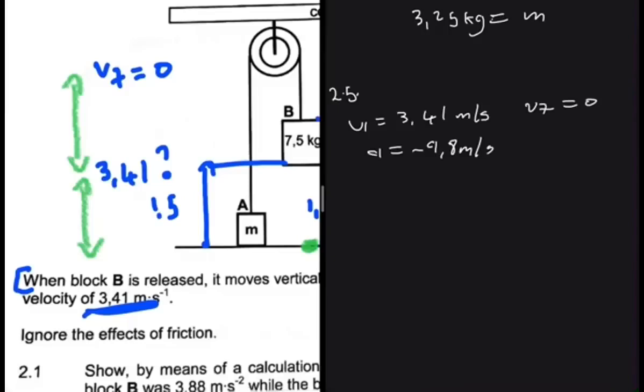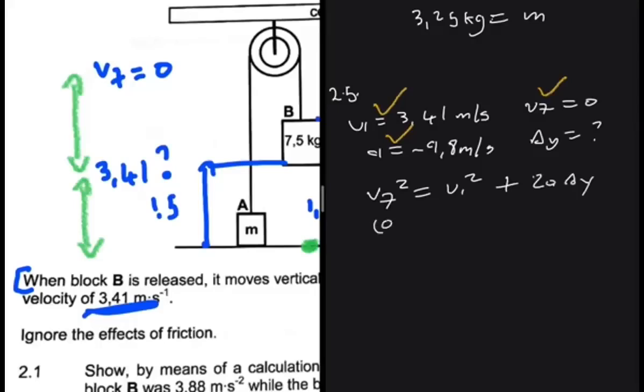The tension force on that rope is going to be equal to 0. Right, so we have VI, we have VF, we have the acceleration, we want delta Y. So it's easy to see now that we can say that VF squared is equal to VI squared plus 2A delta Y.